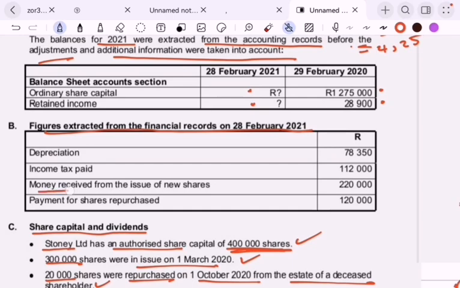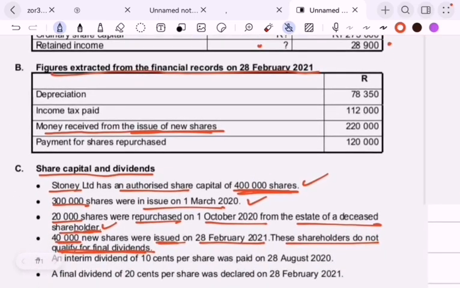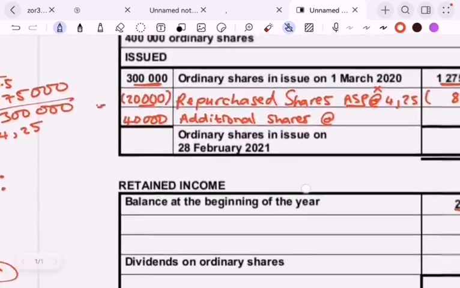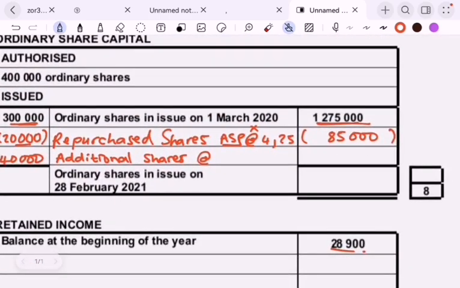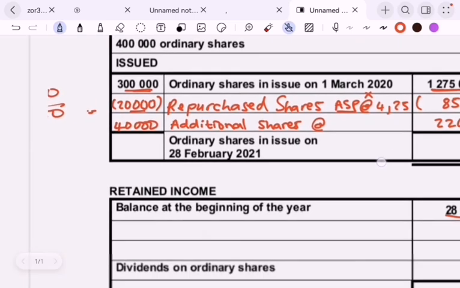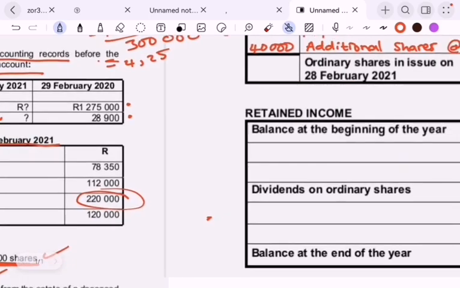And they said money received from the issue of new shares. So this is the total money that we have received. So you can quickly sub your amount there as 220,000. Then that's how you know that you're cooking.